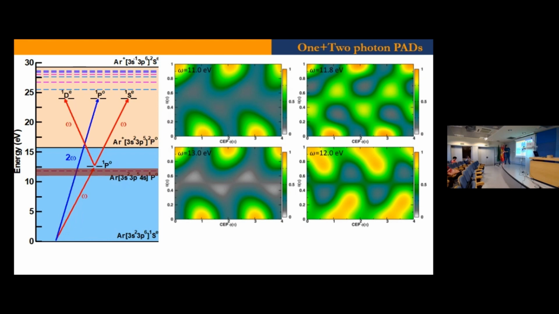It doesn't matter the photon energy. But since we're plotting in this region, which is just enclosing the 4S Rydberg state, you can see how it drastically changes in just 2 eV, which was expected from the beta parameters that we got in the previous slide. No?